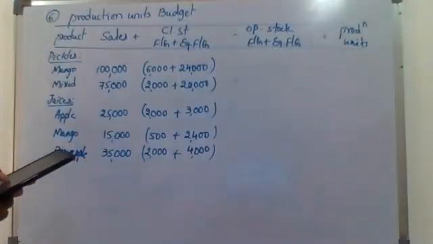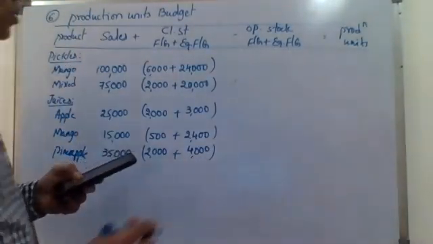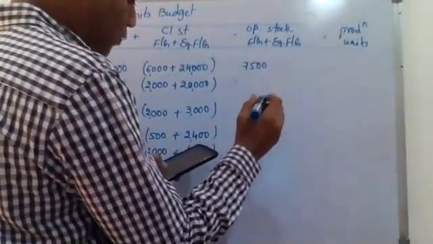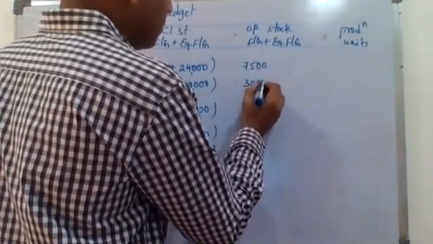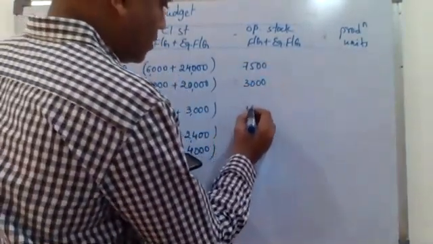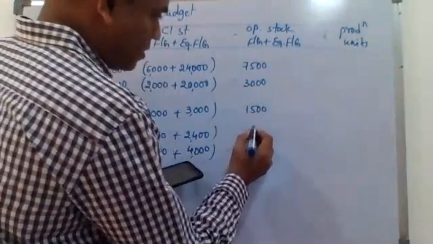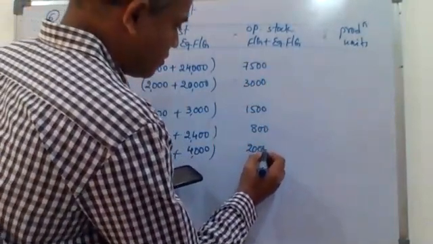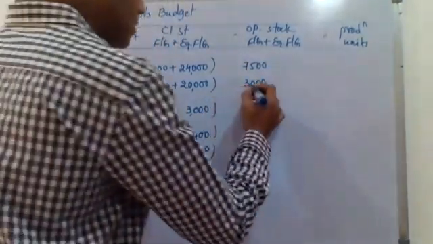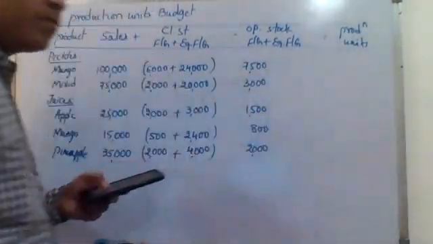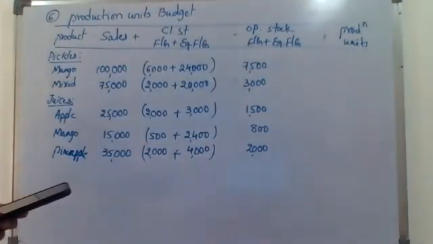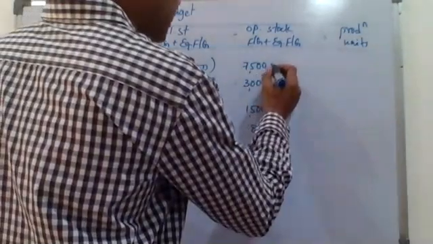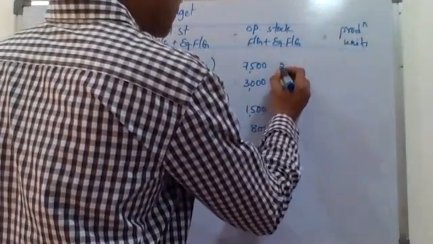Similarly, you write the opening stocks. Opening stock of finished goods is given as 7,500. That's last but one column you can see there. 3,000, 1,500 units, 800 units, and 2,000 units. That is finished units, right? Then I will take the equivalent finished units of opening. That is 25,000 to 80%. We already did it. It is 20,000.